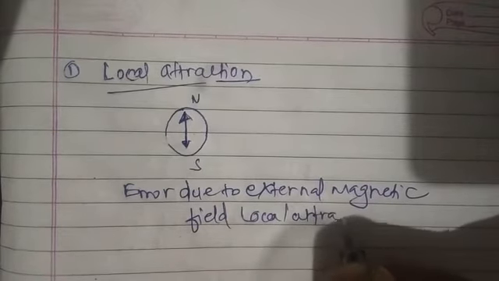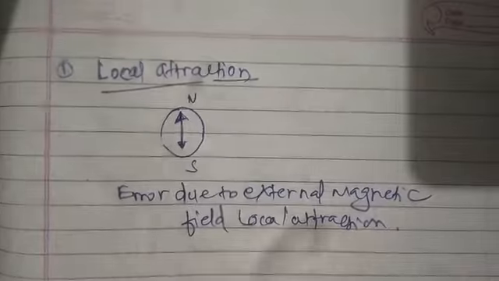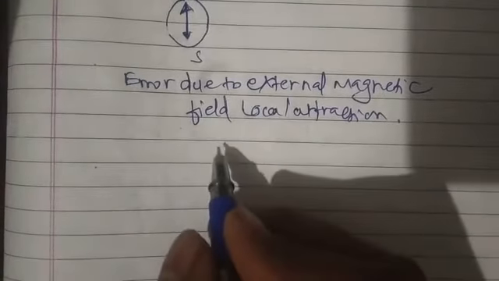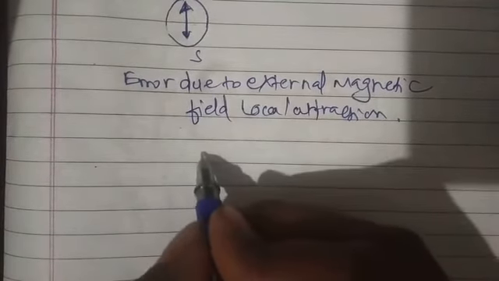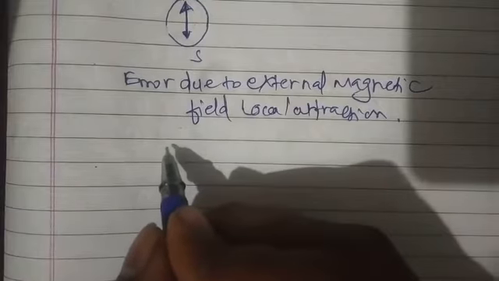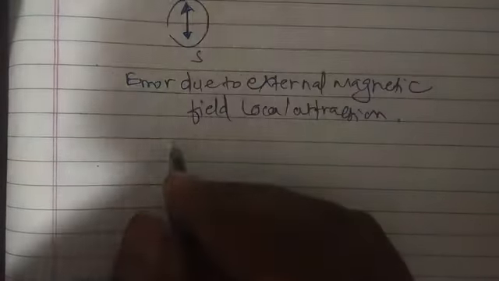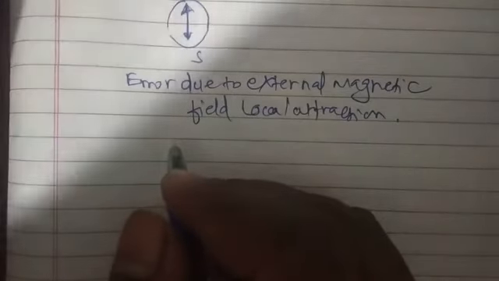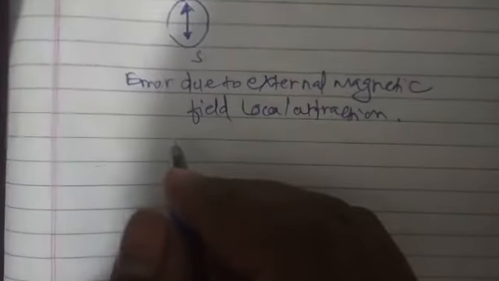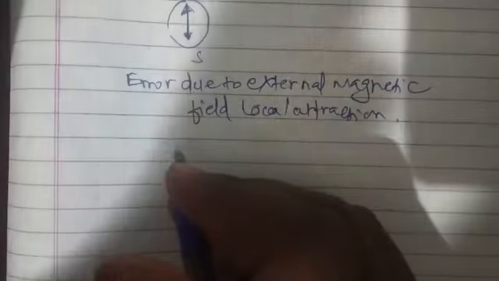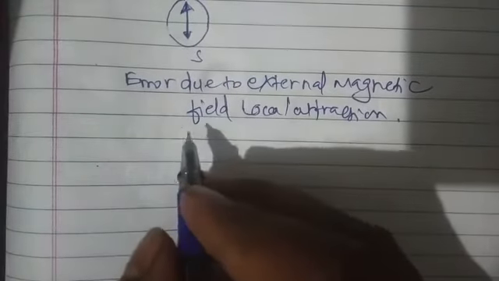It means that whenever there is local attraction in the line or at the point, the bearing calculated with such a compass will have some error.